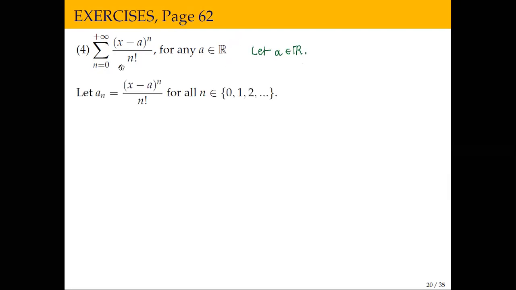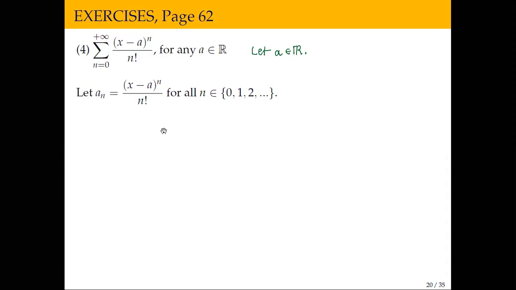And then let's call each term in here a sub n. We wanted to apply the ratio test. Therefore, we have to verify whether each term in this infinite series is non-zero. But each term in this infinite series is non-zero only when x is not equal to a.